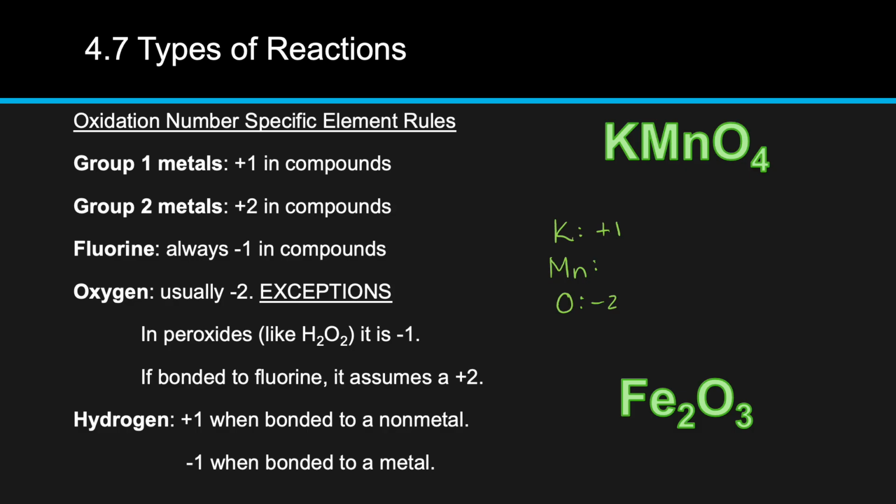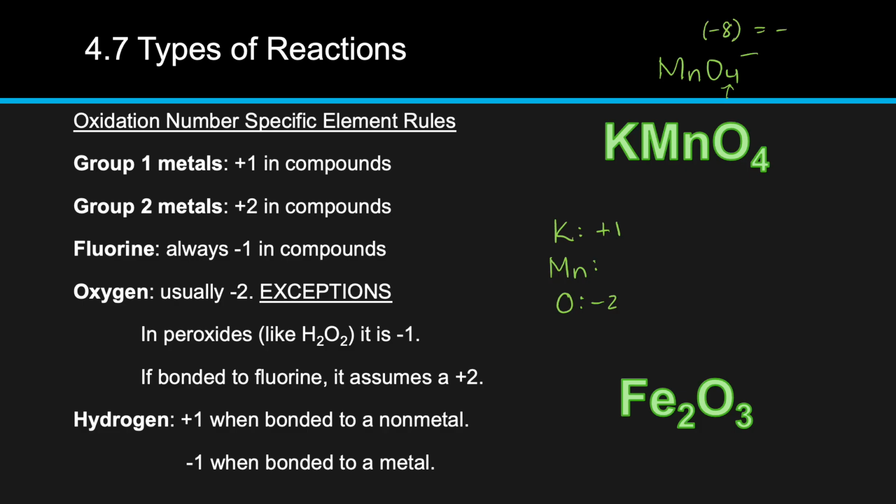The other way to do this is using the polyatomic ion, because we're clearly trying to find the oxidation state of manganese because we already know potassium and oxygen. So since MnO4 is a polyatomic ion that is equal to -1, you can technically find it this way as well. So we know -2 times 4 is equal to -8.